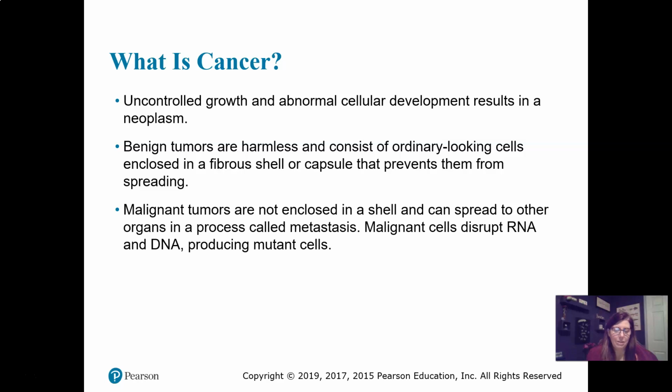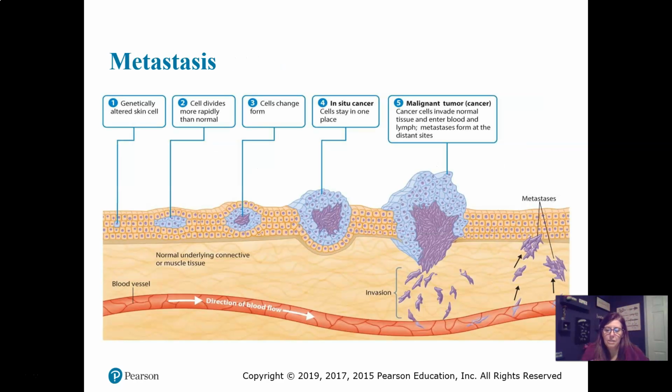Benign and malignant tumors differ in several key ways. Metastasis is the development of secondary malignant growths at a distance from the primary site of cancer. And so we can see here the progression of cancer from a genetically altered skin cell at 1, right?